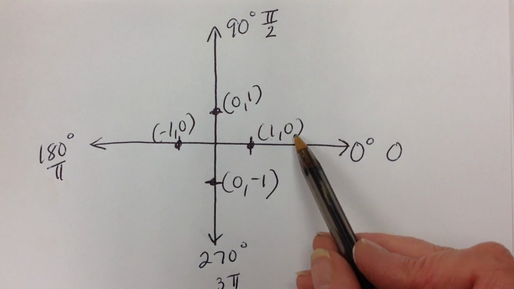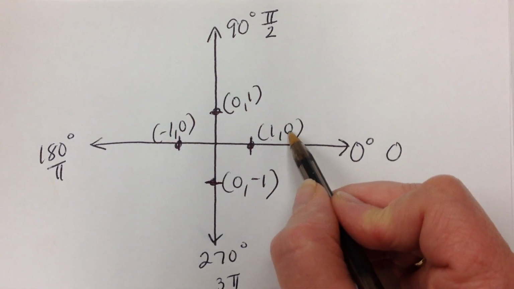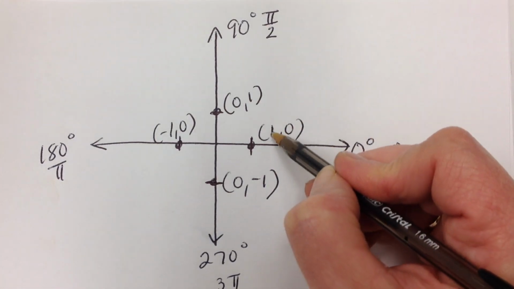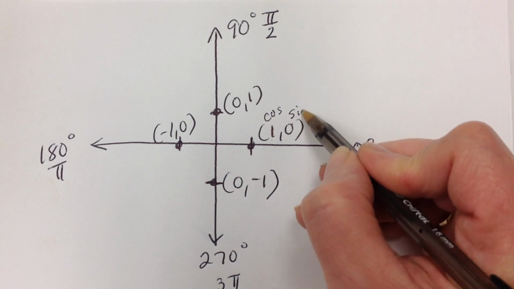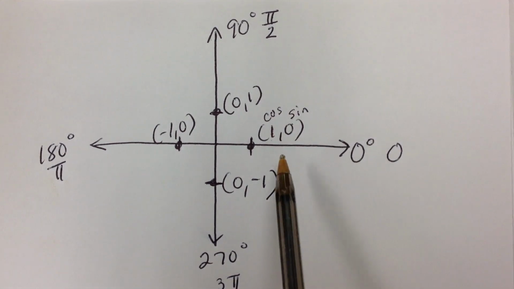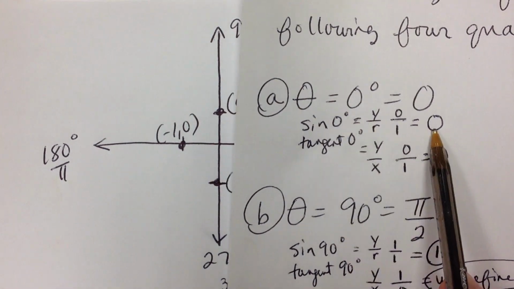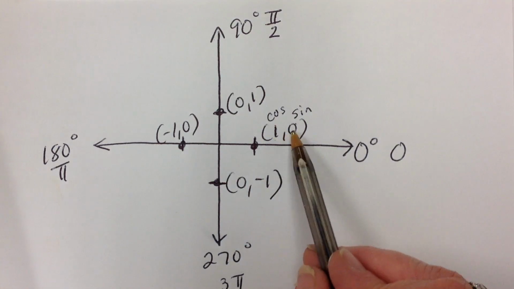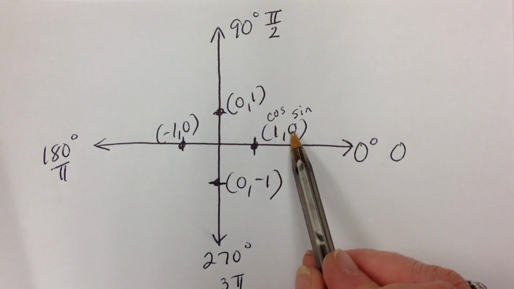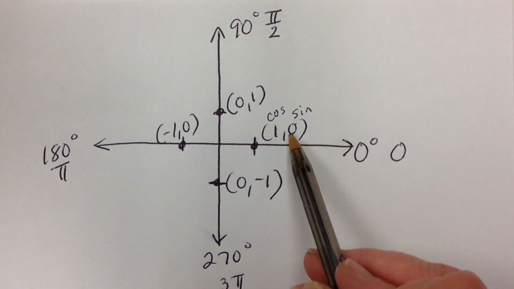So I want you to realize that when you have the point 1, 0, this first number is your cosine value. The second number is your sine value. So at 0 degrees, cosine is 1 and sine is 0.